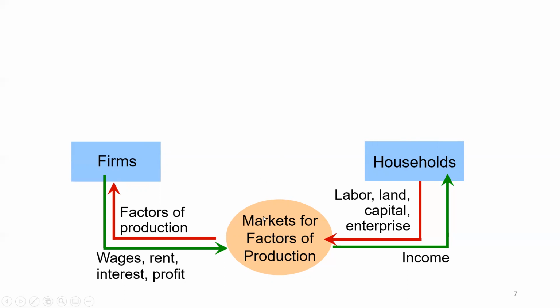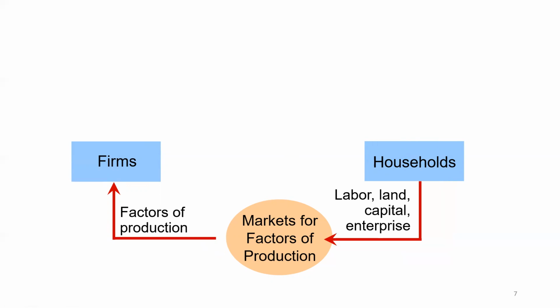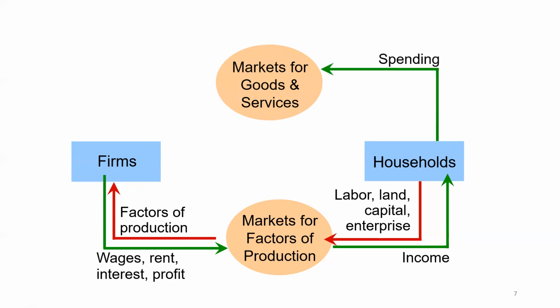And in the market for factors, households are the sellers and firms are the buyers. Households sell the factors and firms buy them off of households. When households get income, they can then take this to the market for goods and services where they can spend. And in the market for goods and services, households, forgive me, are the buyers and firms are the sellers.